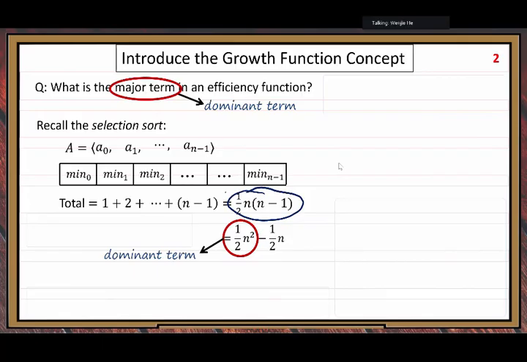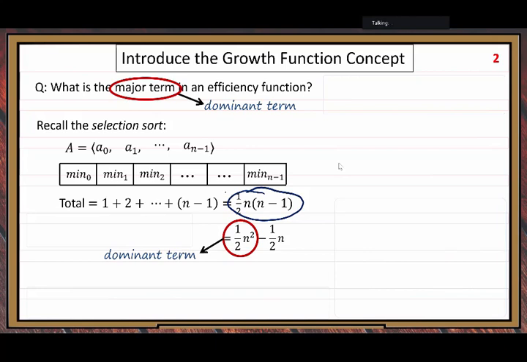So we want to put all the functions with any leading constant in the same category. Although your constant could be different, 1, 2, 3, our main focus is at the variable part, not at the constant part.